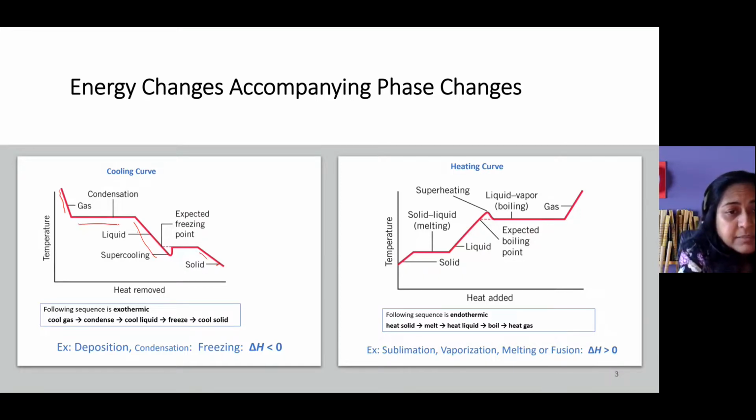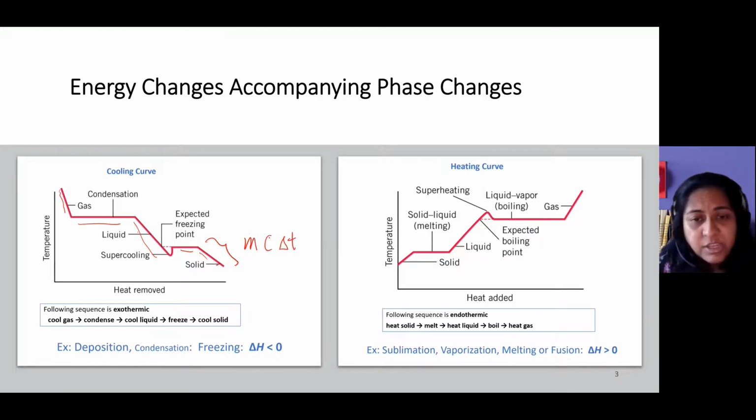The flat lines indicate the phase changes or the equilibriums. The heat involved in the diagonal lines, the temperature changes, can be calculated by using the MCΔT equation.